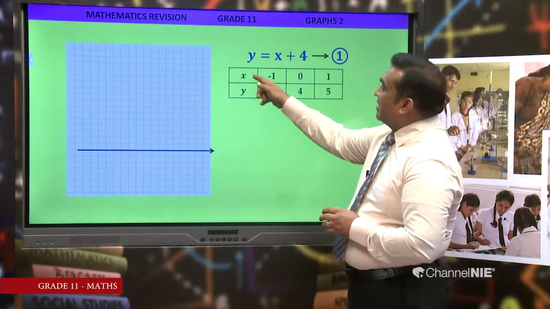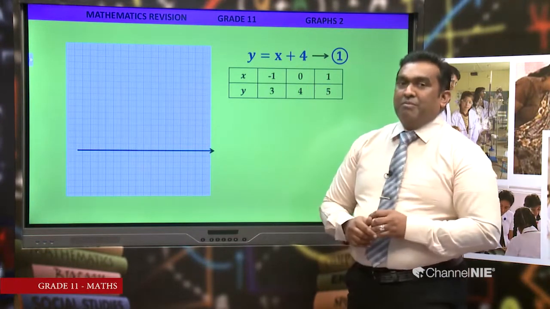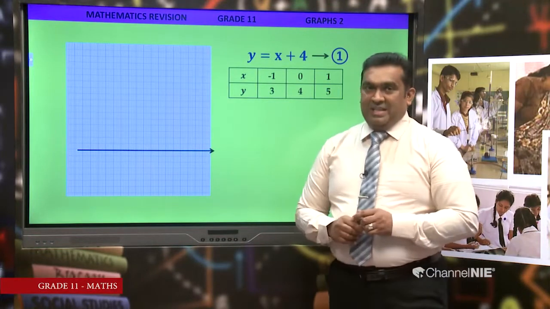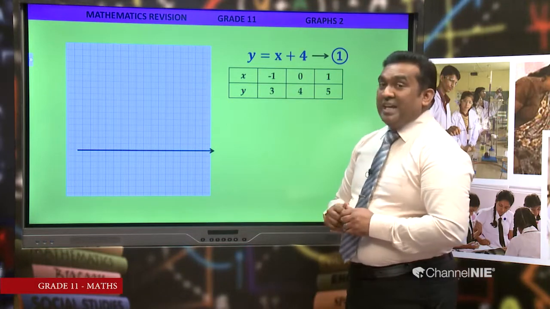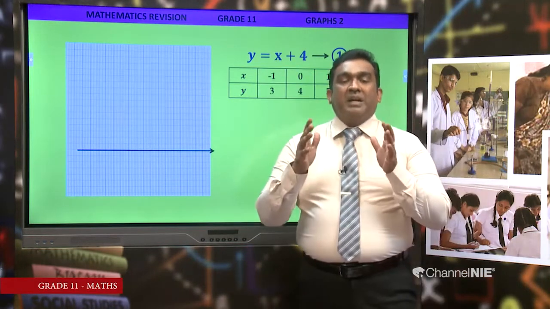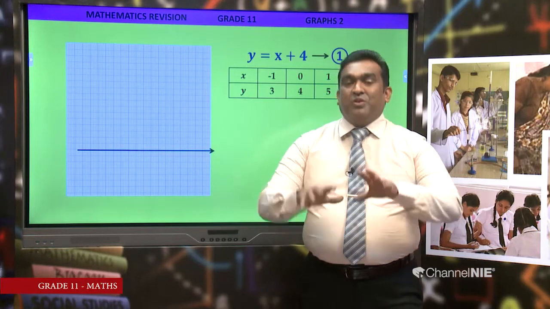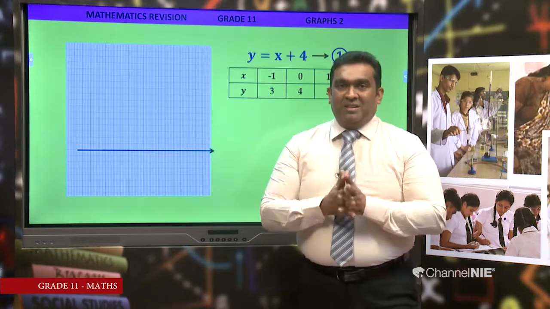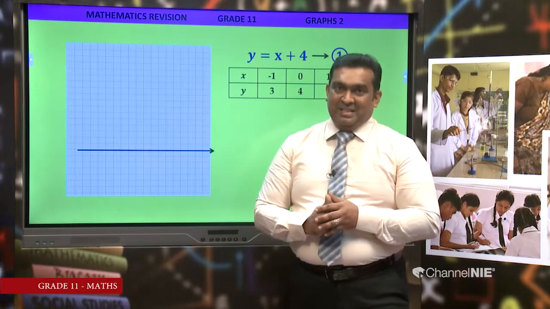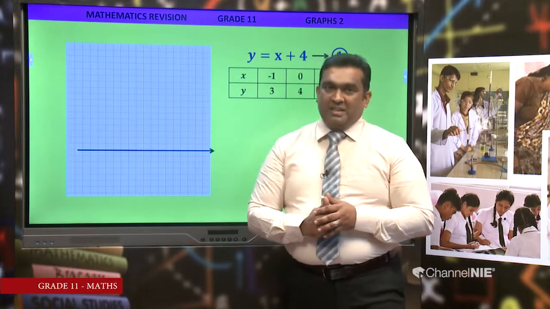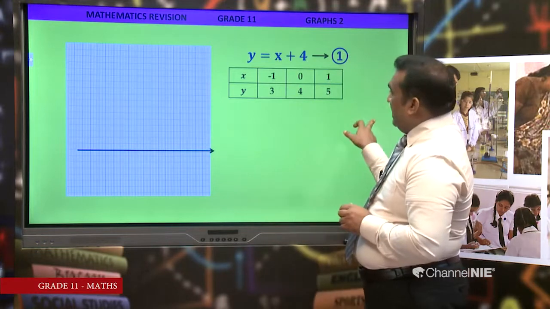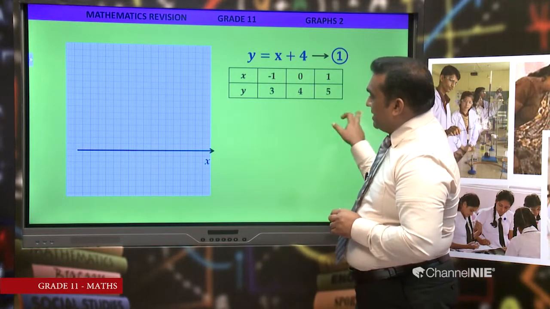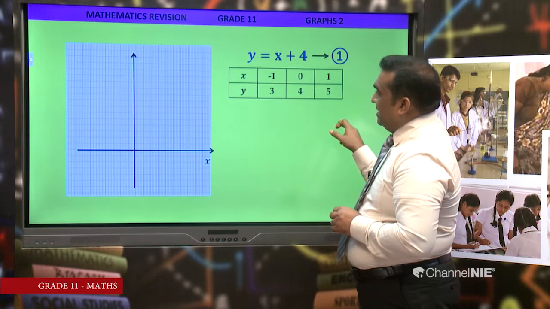You consider the range of x before drawing the x-axis and the range of y before drawing the y-axis. First you have to set the system of axes, x-axis and y-axis, according to the values of x and y. Here x-axis, yes, then y-axis.